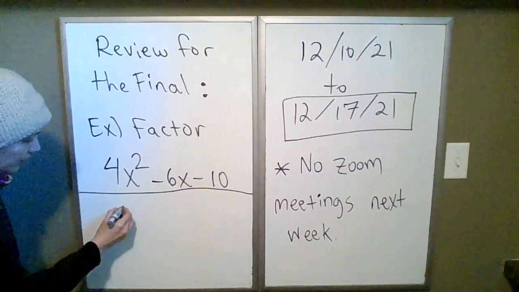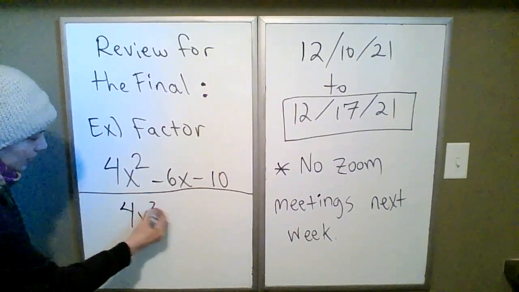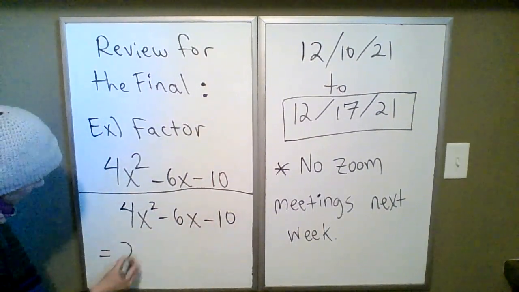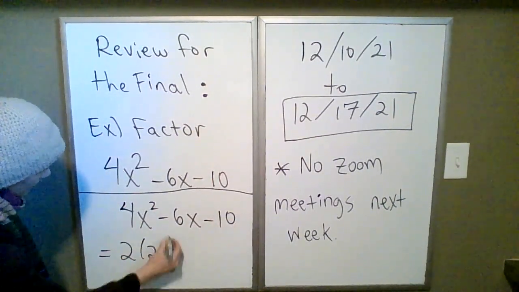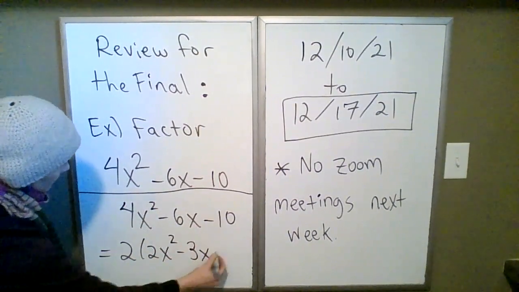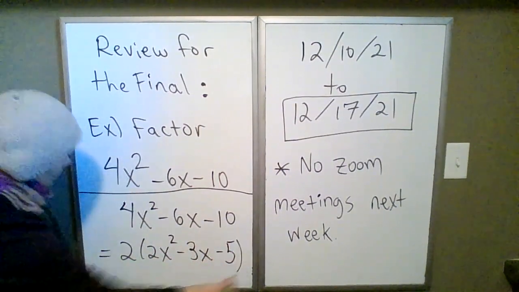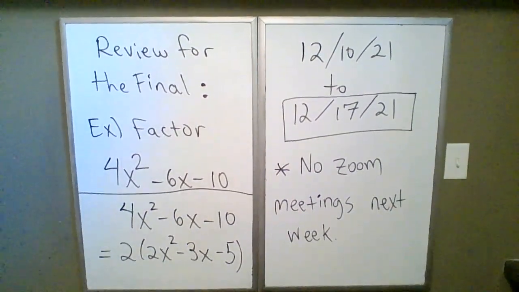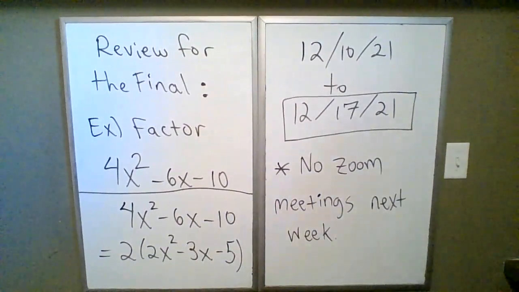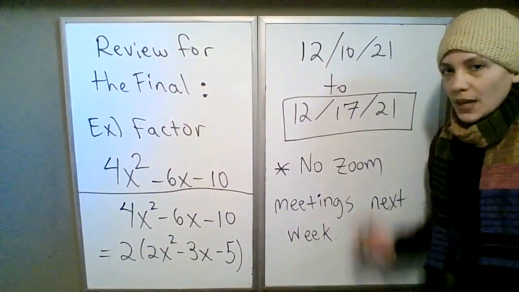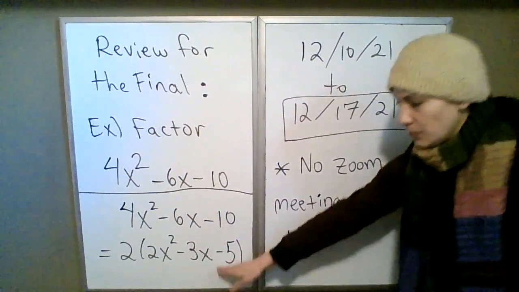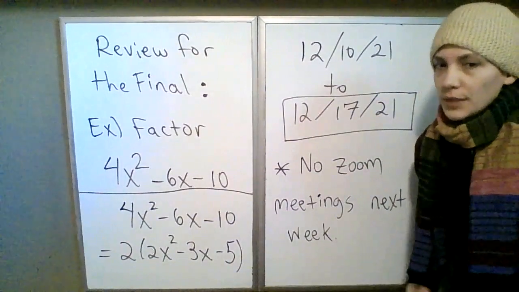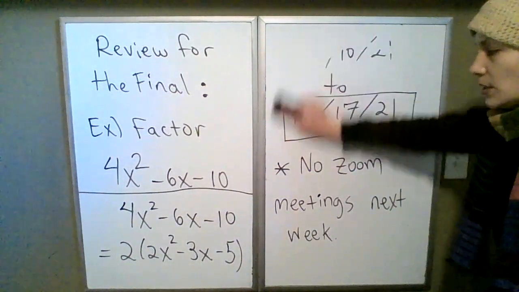So you can factor out 2 from every term. And then on the side, I'm going to factor what's in the parentheses, and I like to use a grid, but you can use whatever method you choose.